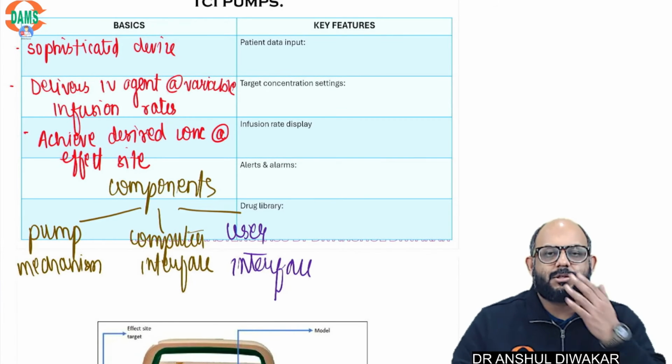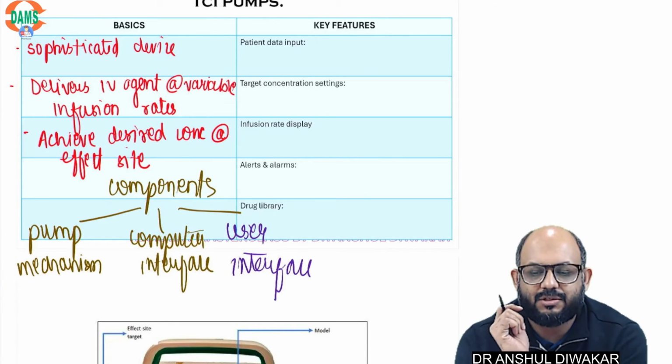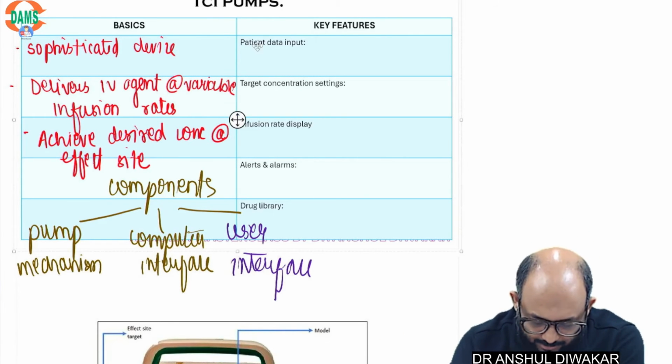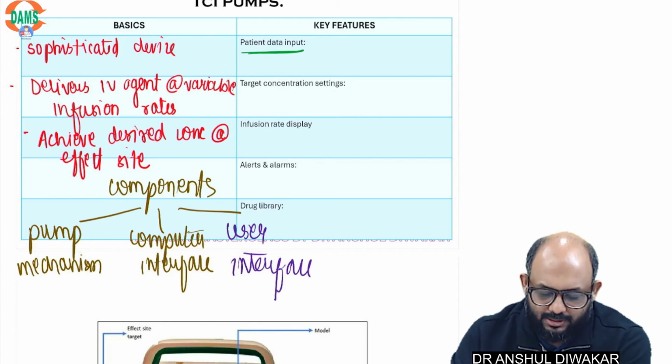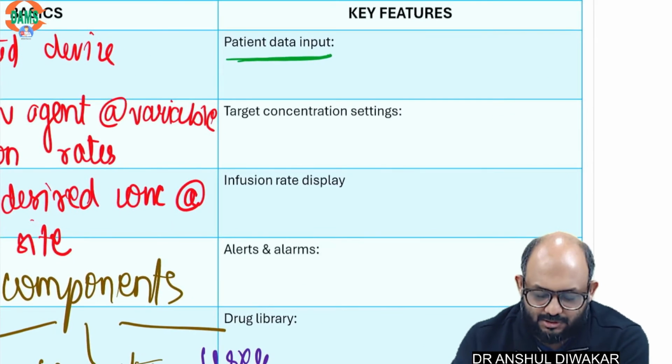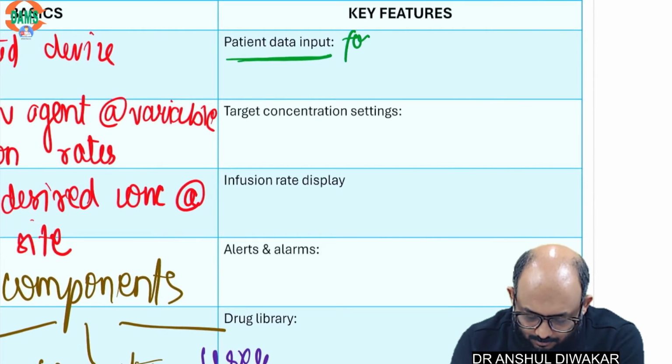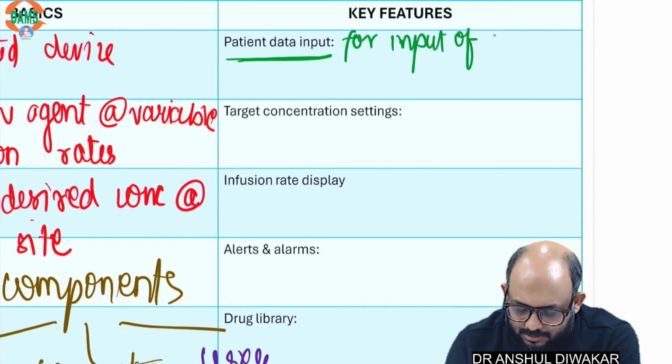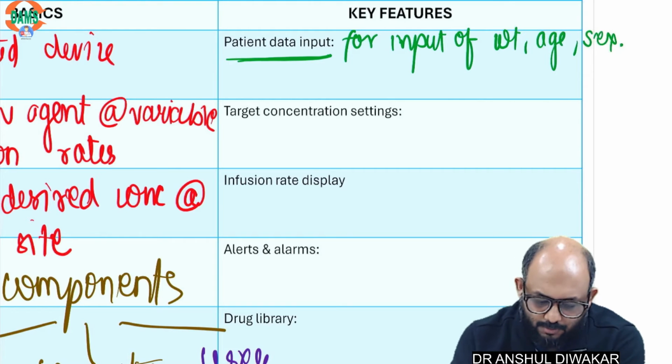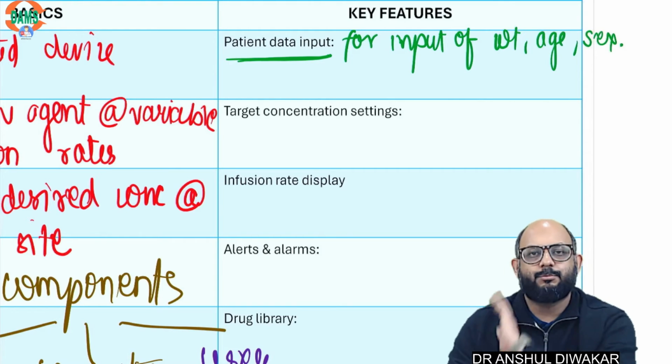What are the key features of a TCI pump? Key features of a TCI pump is a part where you can input the patient data. So there is a patient data input which is used for input of patient variables like weight, age, sex. So you have a part where you can input the patient data.